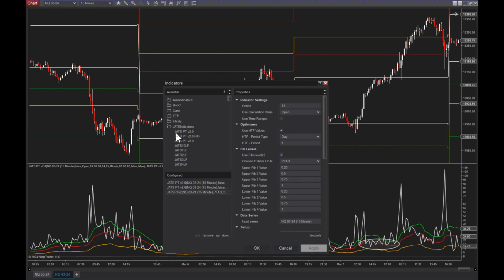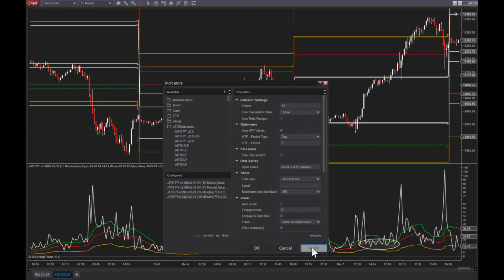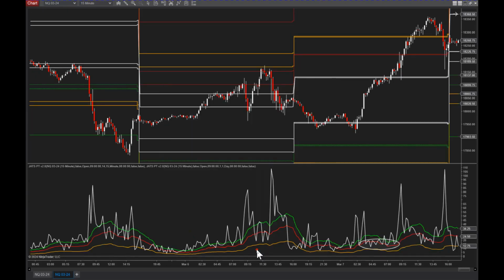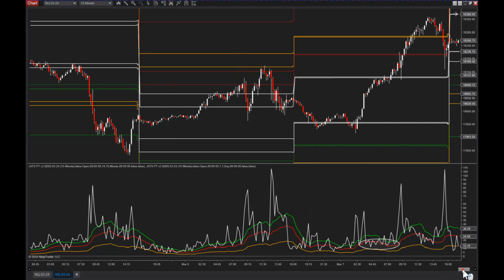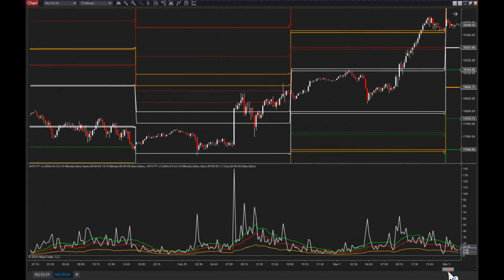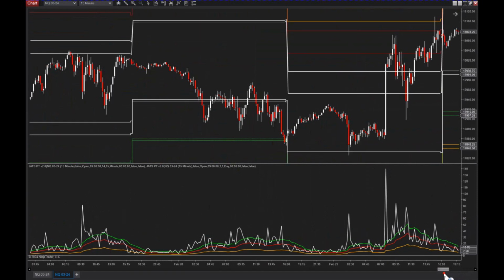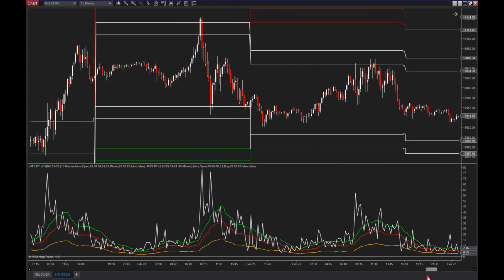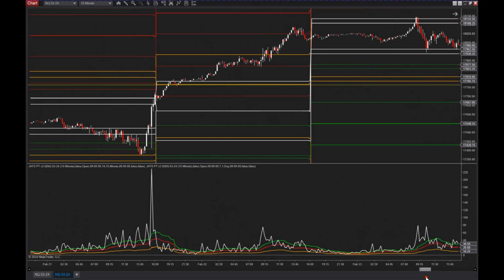And I can also add another instance of the same indicator on the chart, and this time choose daily close, and that will give me another set 1, 2, 3, and the algos will trade to both, so it's good to have them both on the chart.